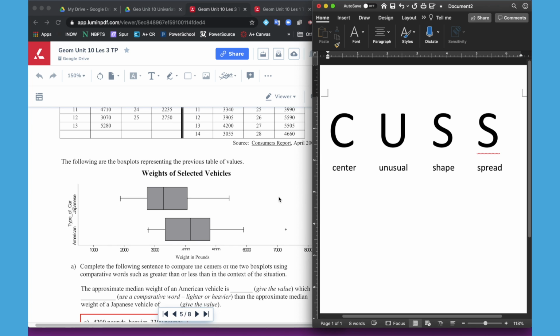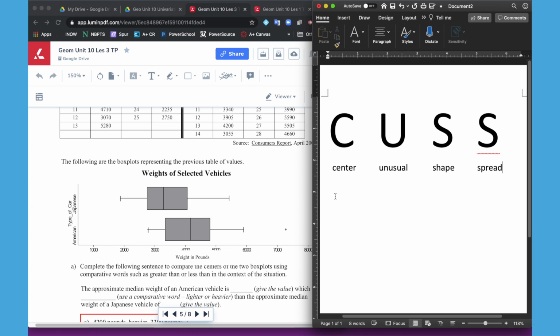As an AP reader for the AP statistics exam, many times I've been scoring the free response question that asks them to compare two graphs. And the points that they are missing are, one, they do not include the context. So having students include the context in the very first sentence they write is very important.